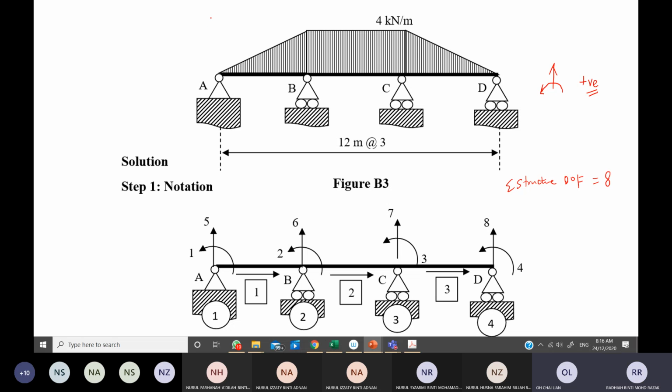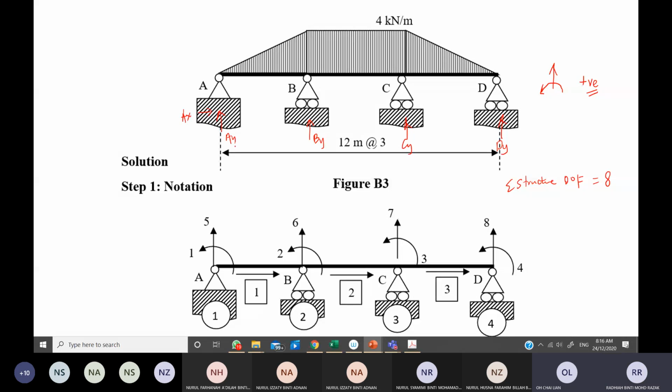Let's try. At A, we have these support reactions, AX and AY. At B, we have BY. At C, we have CY. At D, we have DY. At these drawn directions, it also means the displacement is equal to 0.